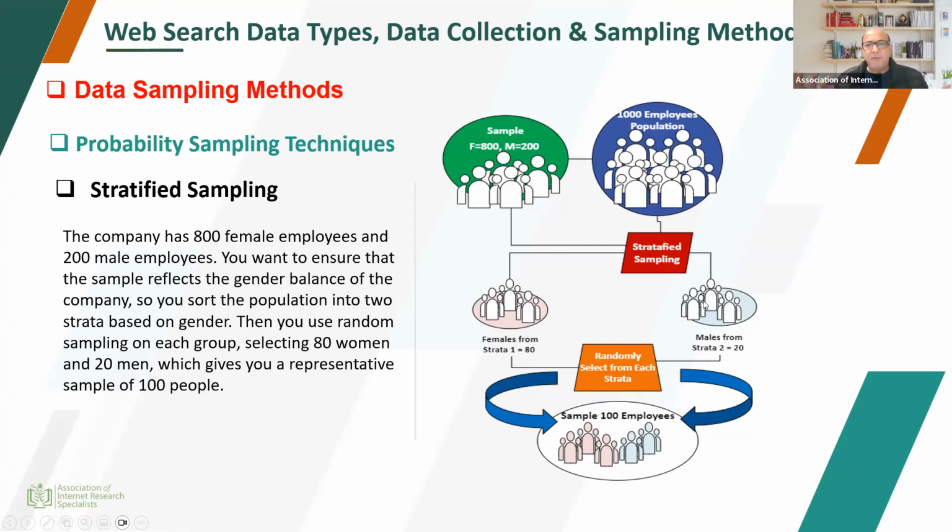So now you have two strata, or two groups, created as the first step: one of 80 females and one of 20 males. From these, you would be able to create a sample size of 100 employees.